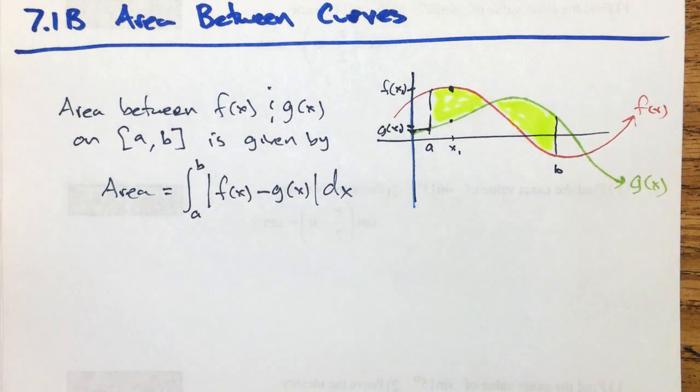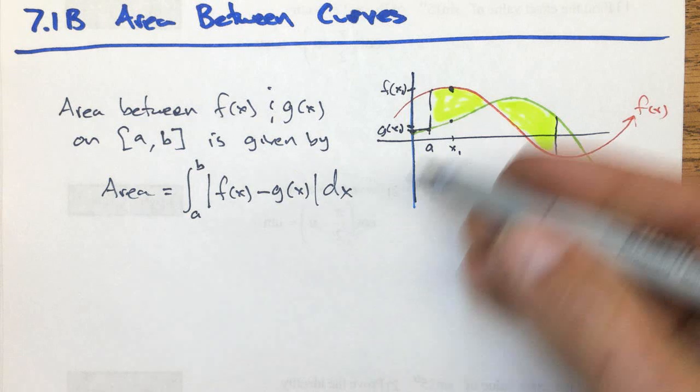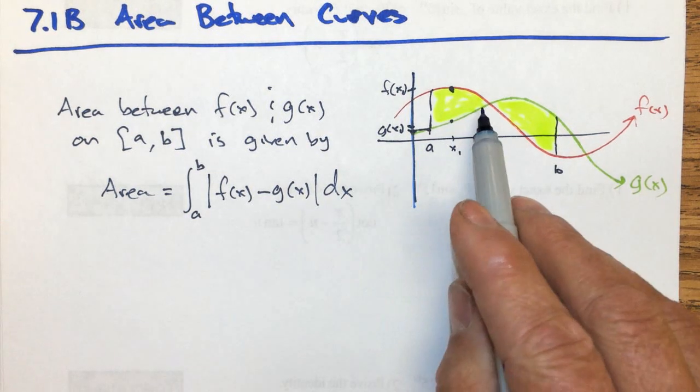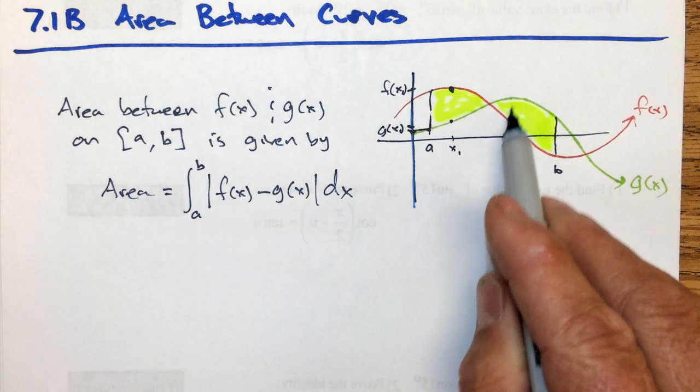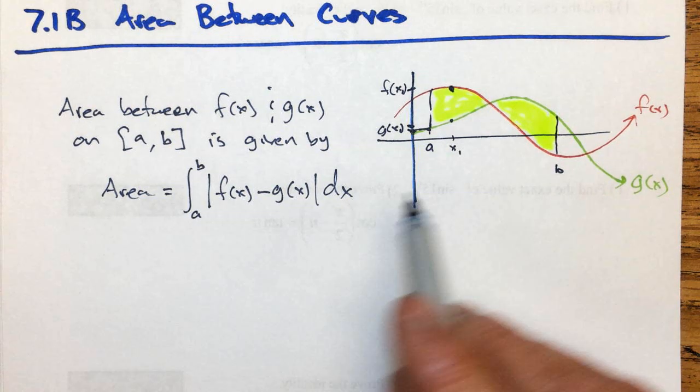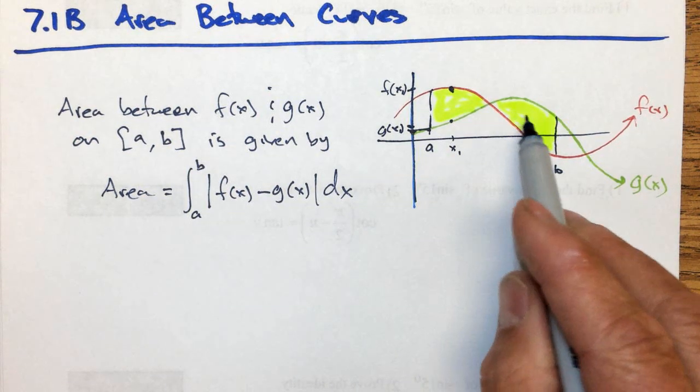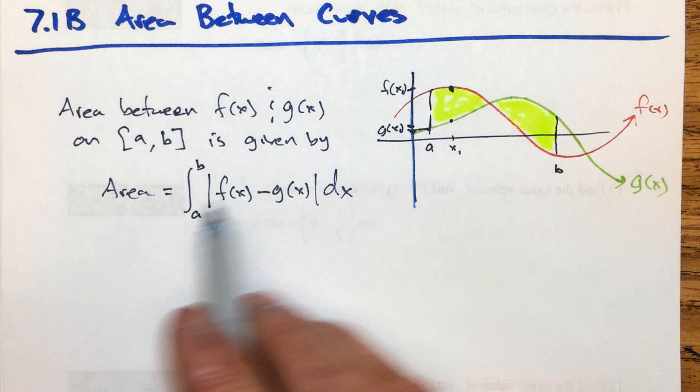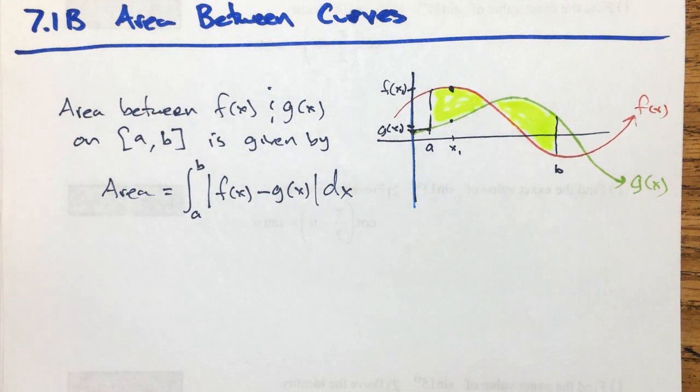The absolute value is there in case I got them upside down, which is important because after this point they do switch places. Without the absolute value, it would give me a negative number over here. This is going to give me the positive. So that's basically the idea when I set up the area between the two curves.